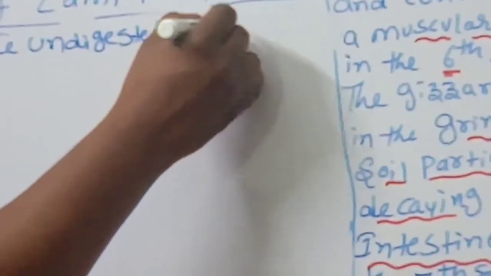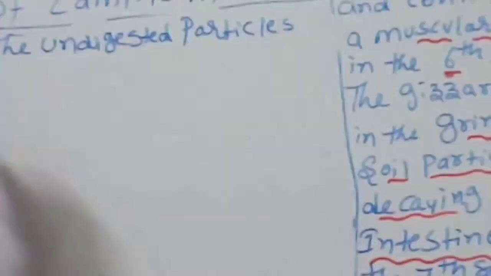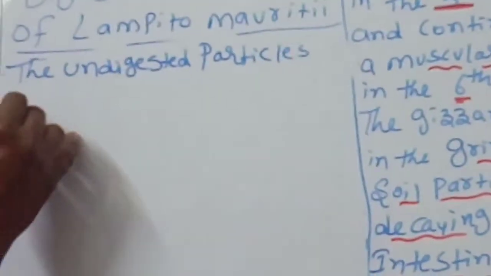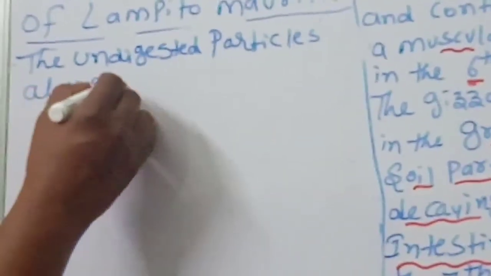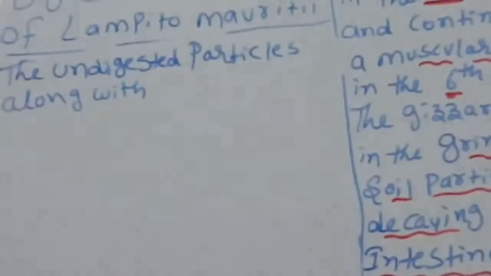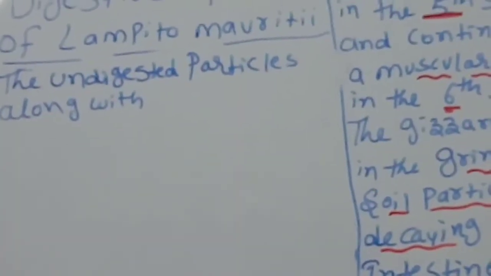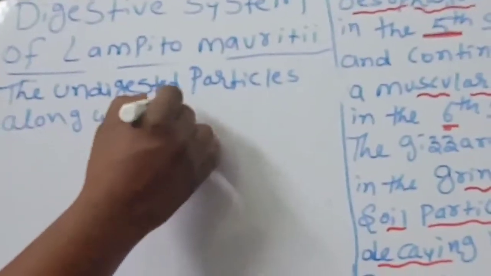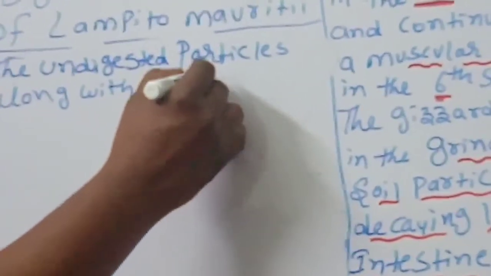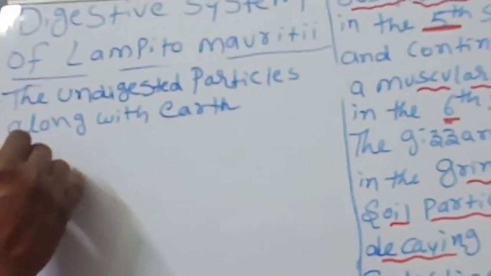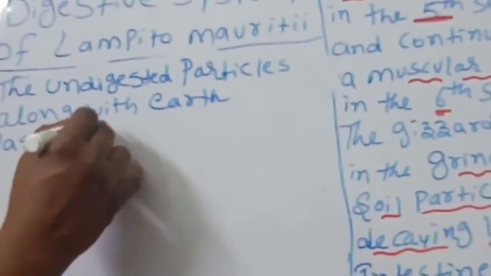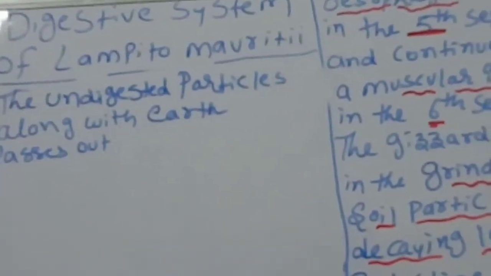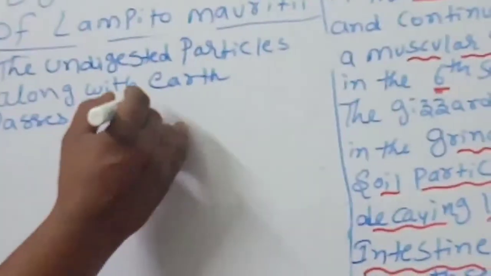The undigested particles along with the earth are passed out through the anus.